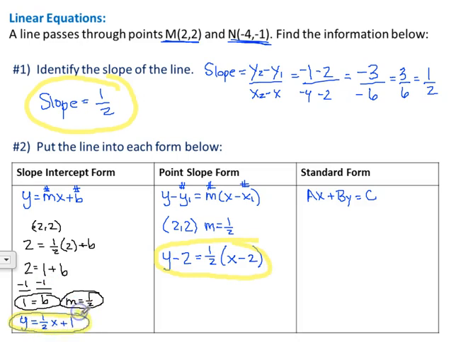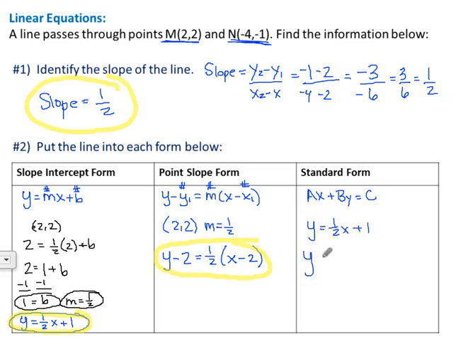And then last but not least, standard form. And again, really all we're doing is taking our slope-intercept form and getting all of our x's and y's on one side and a constant term on the other. So if we have slope-intercept form, y equals 1/2 x plus 1, all I do is move this x term to the other side of the equation by subtracting.